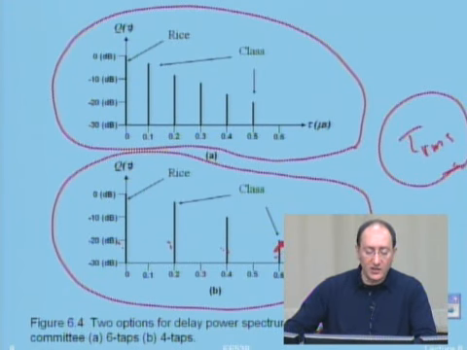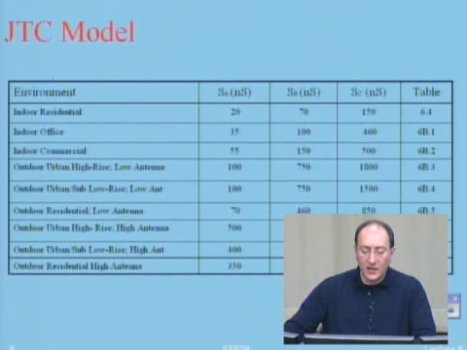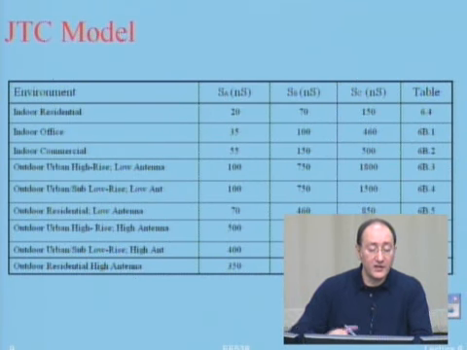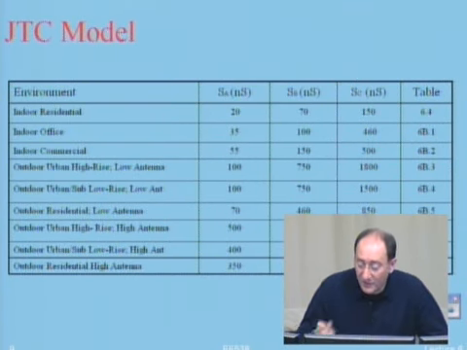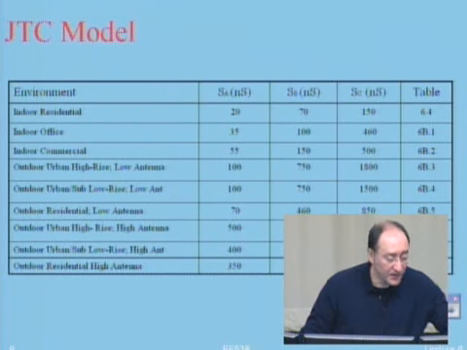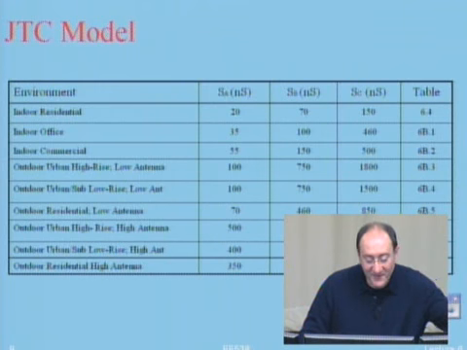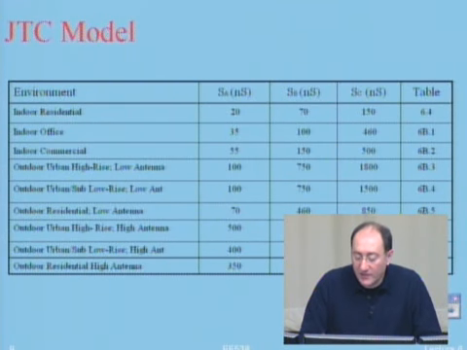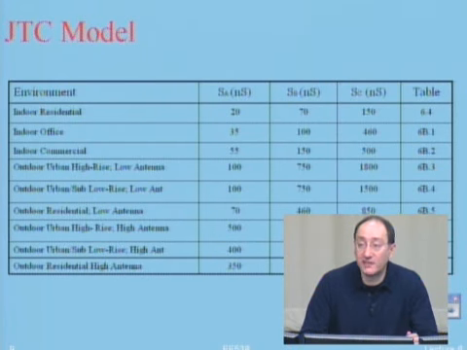Let's go to another model. The other model is the JTC model, which I like. With the JTC model, I perhaps have some bias on that. But in the JTC model, I mean, I saw the principle in the GSM example.